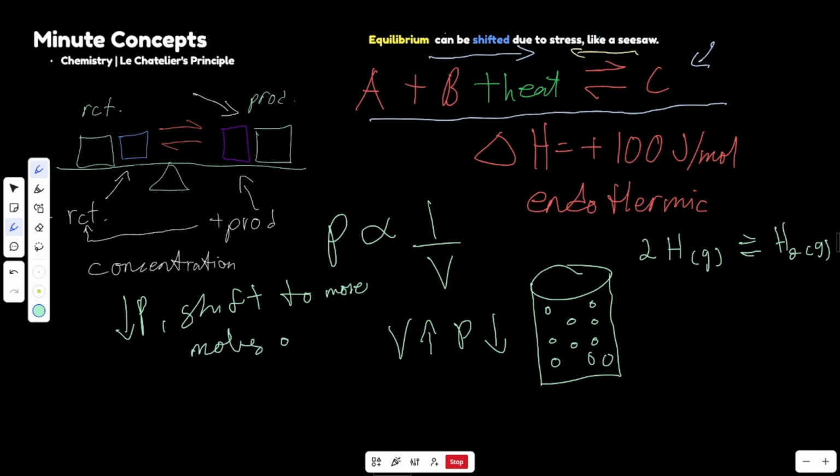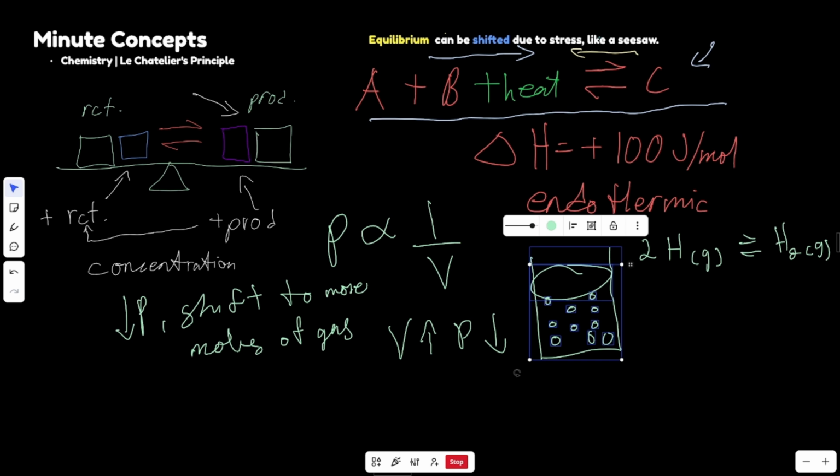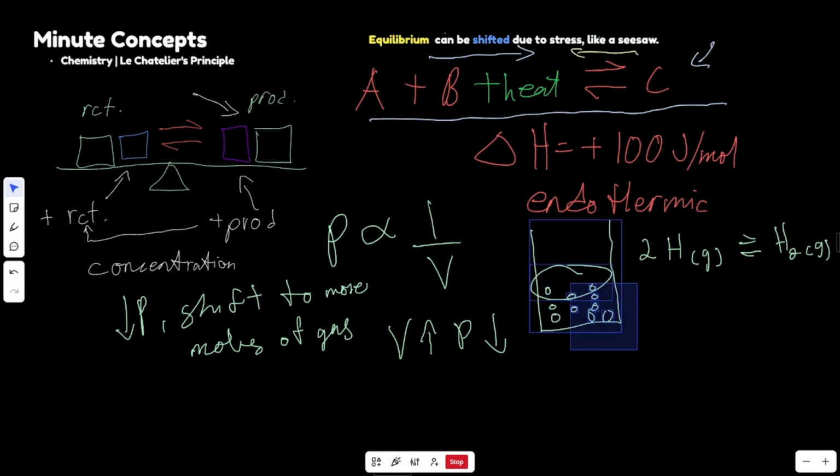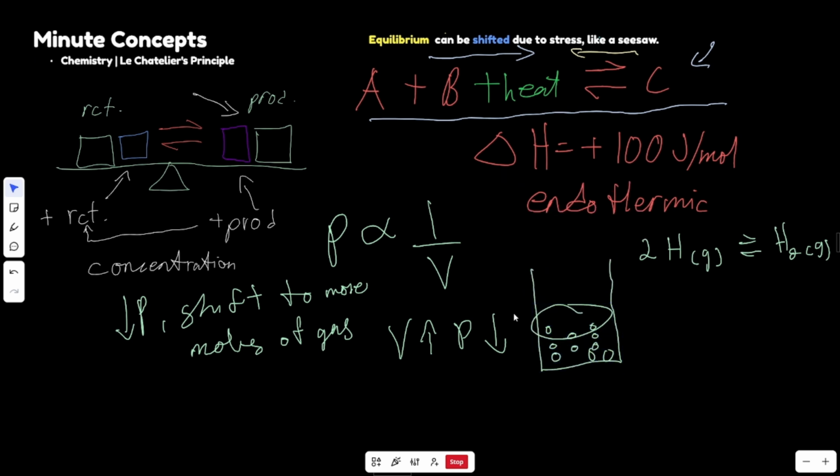Now, what happens when we increase the pressure? Well, we can see that here. So let's say that I'll shrink this right there. Now it's a lot more cramped, right? And okay, don't mind the drawing, but basically now we're forcing them all to react with each other. And when we force them to react, what are they going to form? According to our reaction here, it's going to form diatomic hydrogen.